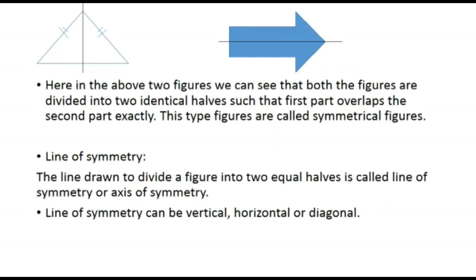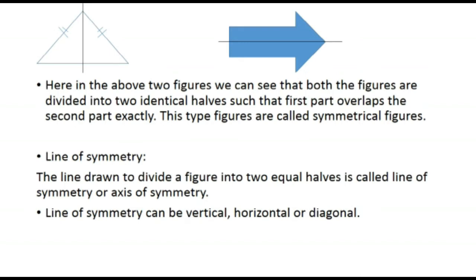Here, the first part exactly matches the second part. This type of figure is called a symmetrical figure. Thus, a symmetrical figure can be defined as a figure which can be divided into two identical halves.